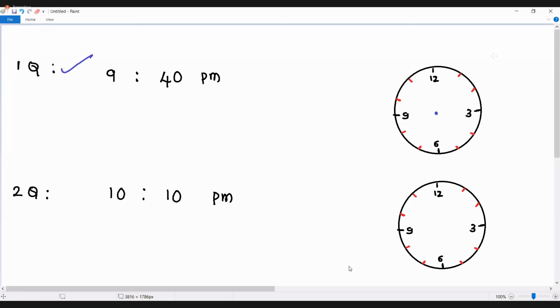Please check and tell me the answer. What is the angle between minutes and hours at 9:40 PM? 10 degrees. Okay.